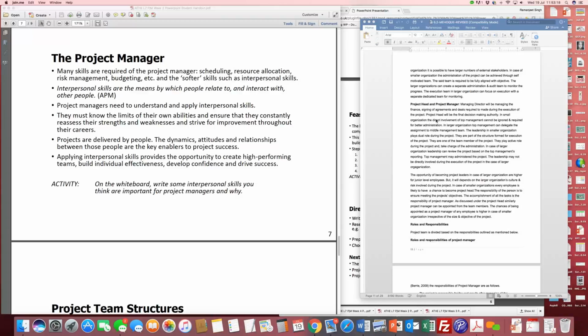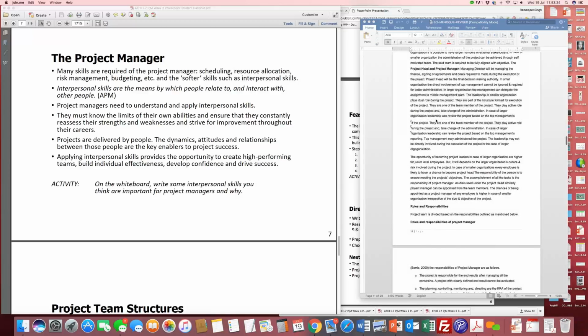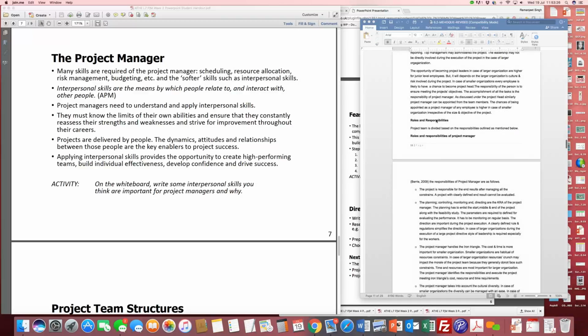Now, in general, when we look at the project manager, the project manager is the person who is finally responsible for ensuring the end results of what has been set forth for the project board. So if you're looking at office relocation, the person is finally going to be reviewed on whether the relocation project was successful or not.